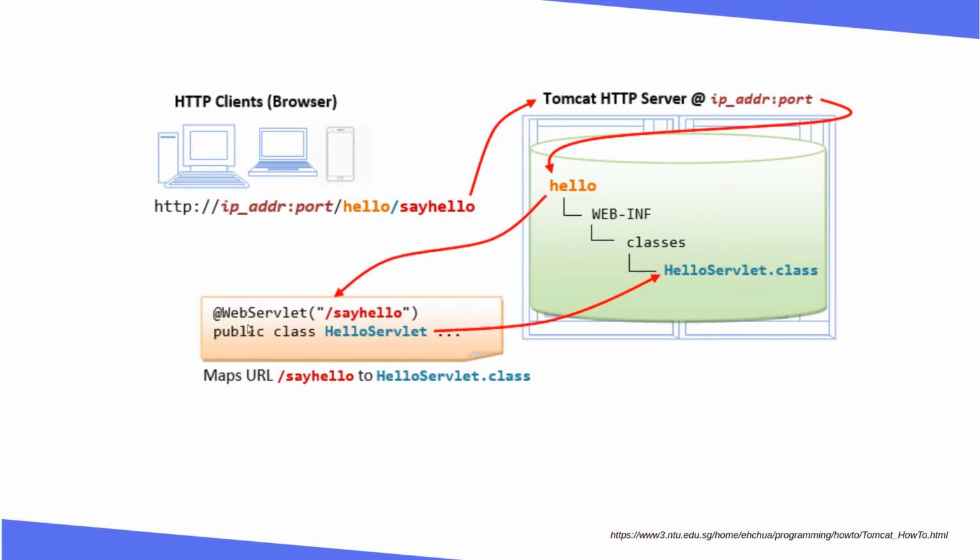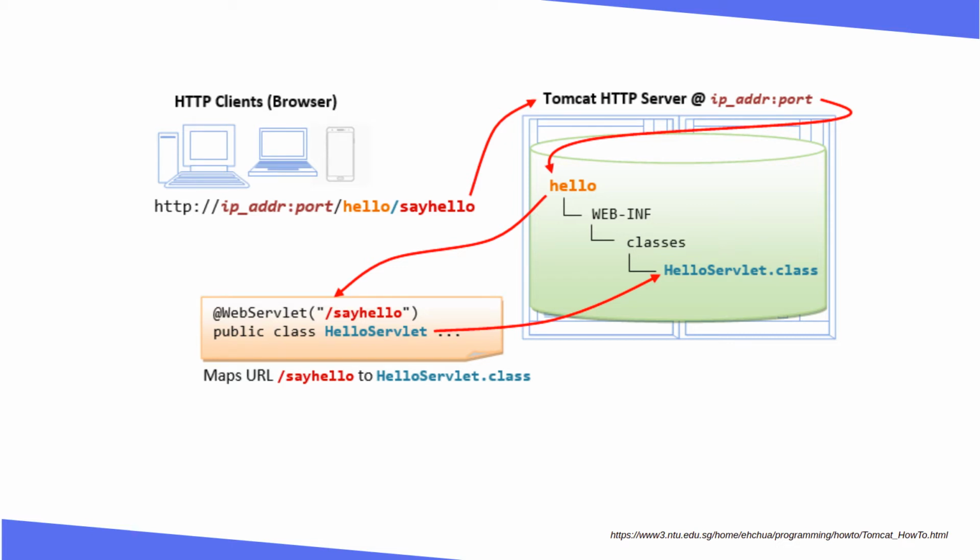We have what we call the web servlet annotation, and this is a kind of mapping: say hello will trigger the hello servlet, which will return some text processed inside the server and send back the response to the client. So we will configure such a web user that can invoke this servlet by issuing the URL as described.